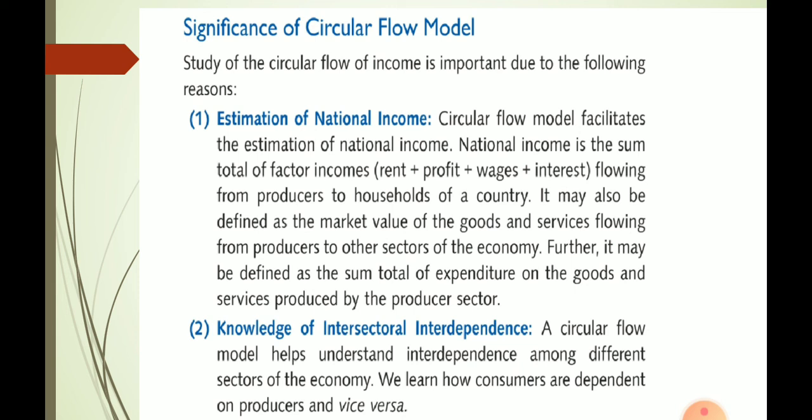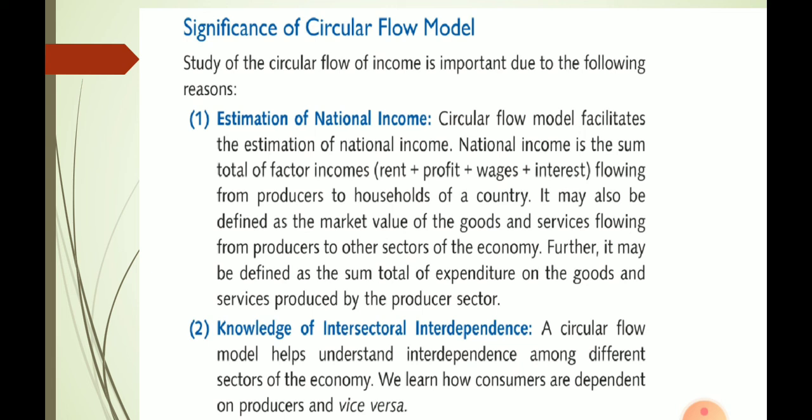One more interesting thing is that whichever method you use, it is going to give you the same value of national income. Why? Because whatever goods and services worth are produced, that is distributed in the form of factor income, and that money is expended on goods and services.